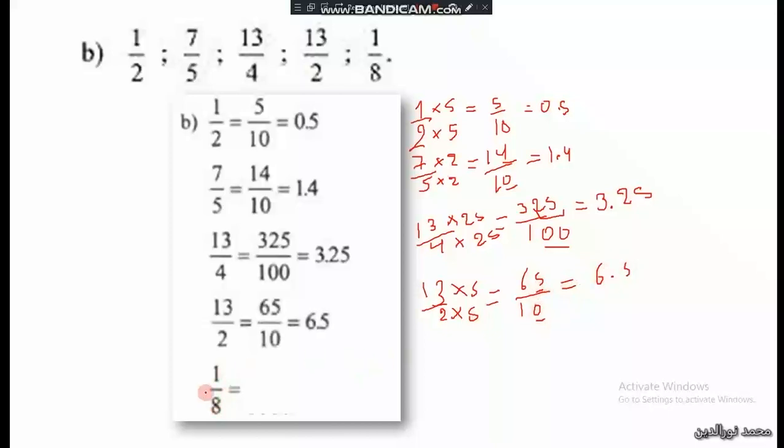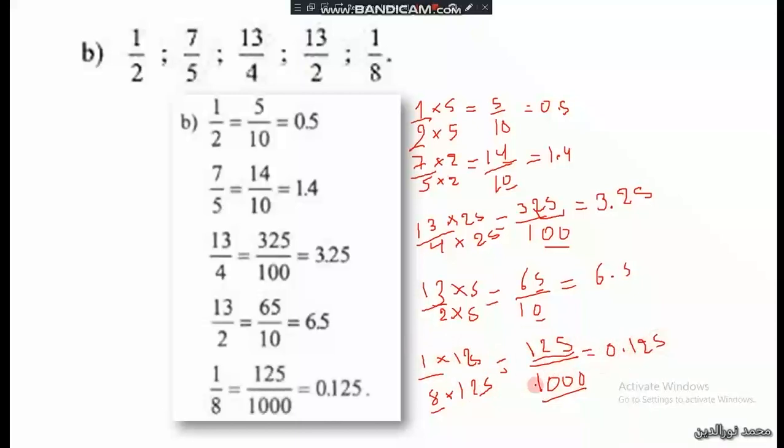And then 1 over 8, to have a decimal fraction we have to multiply 8 by 125 to get 1000, so we have 125 over 1000, 3 zeros, 3 decimal digits, that means 0.125.